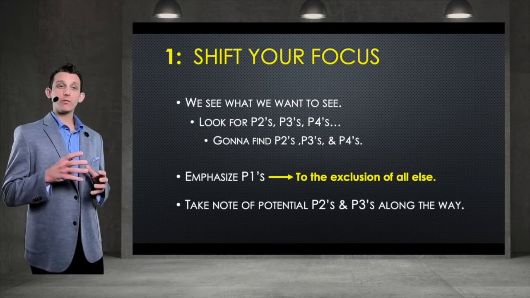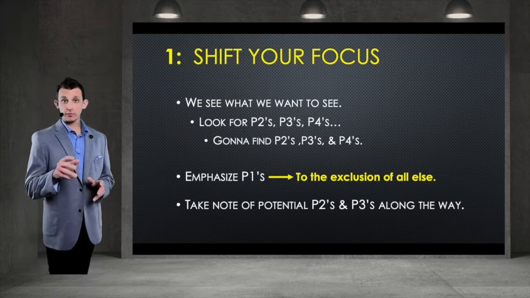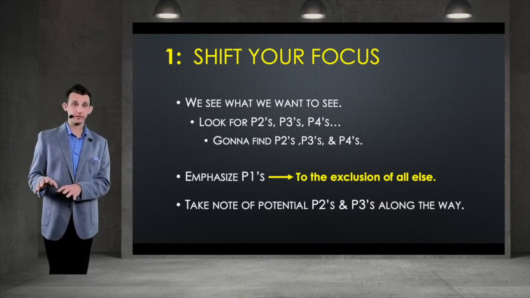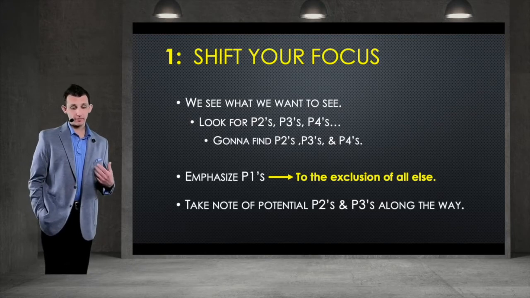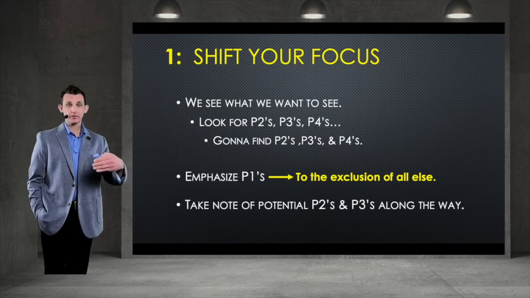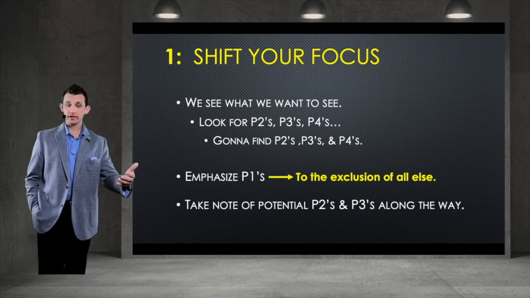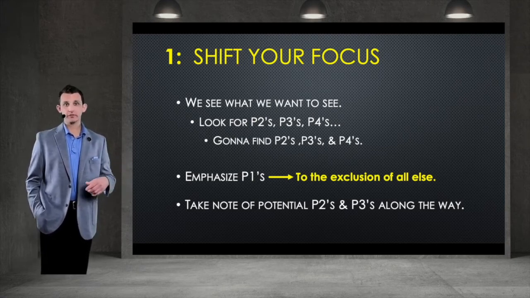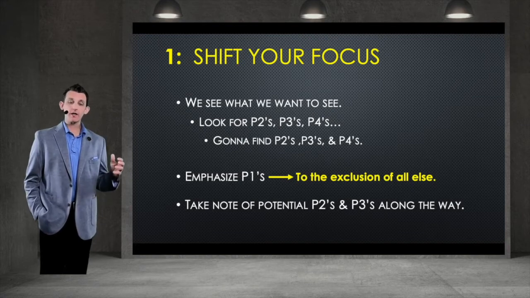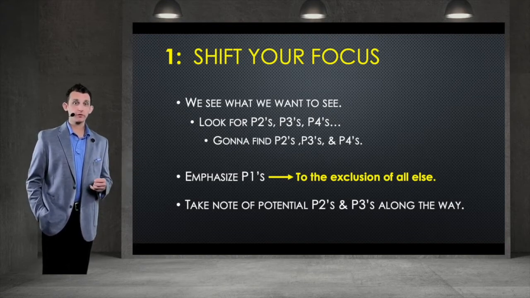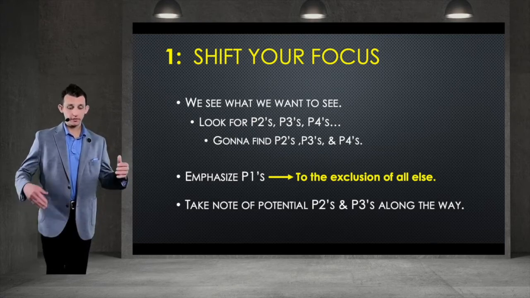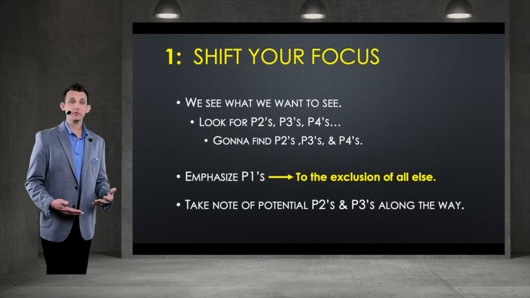One thing I've noticed when I'm looking for P1s, and emphasizing those to the exclusion of everything else: if I'm working on trying to find a command injection bug, and I see a potential P2 or P3, like an SSRF or something, I don't want to just let that go away and forget about it, but I also don't want to go running down that tangent and completely lose my train of thought, because it's important to get into a flow.